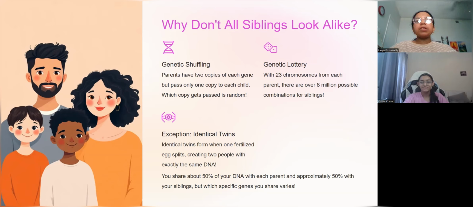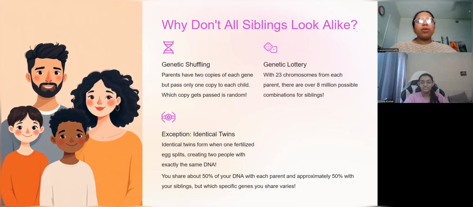We have something also called the genetic lottery. With 23 chromosomes from each parent, there are over 8 million possible combinations for siblings. That is really great, having 8 million different possibilities. Oh my God, that's a lot of different possibilities. And then we have exceptions too, identical twins.